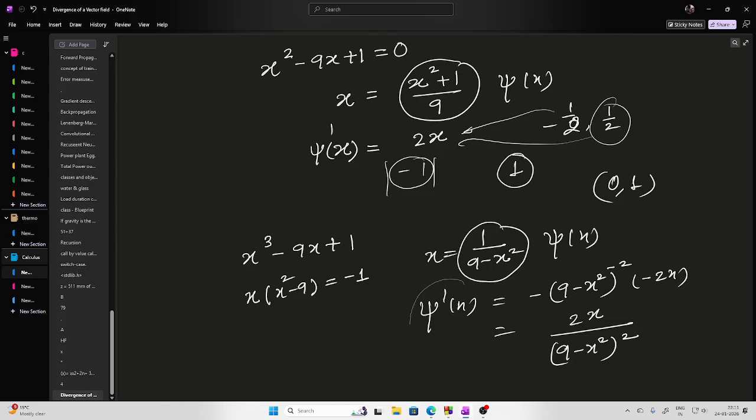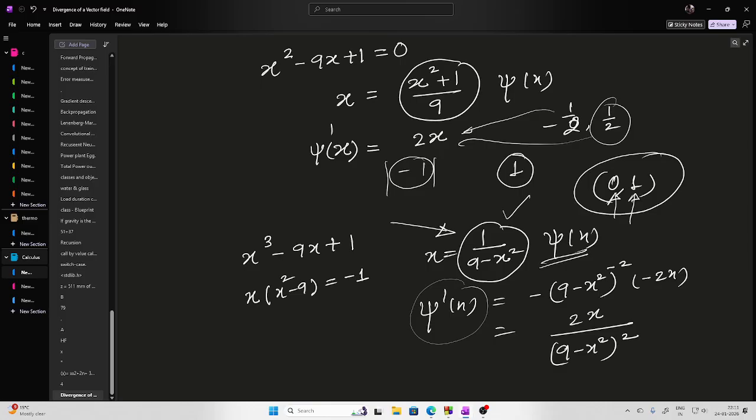And if you supply the number 1, you will get 2 divided by 8 square, which is less than 1 again. So if you follow this bracket, then this function psi x will help you find the solution, one of the solutions. So this can be my alternative.